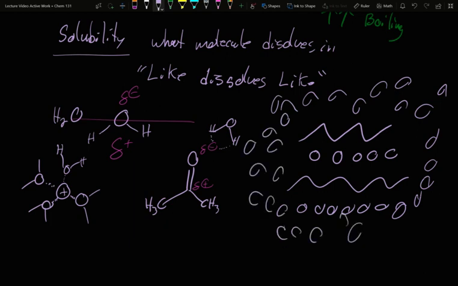Those waters are really strongly attracted to each other. They interact really well, they're drawn to one another, but these waters in between the oil molecules, they don't have strong attractions to the oil. The water has those strong hydrogen bonds. Right, so it's got some serious partial negative and partial positive, and that does basically nothing with the oils.